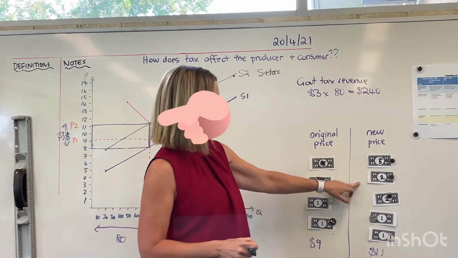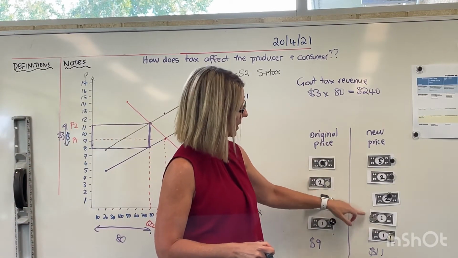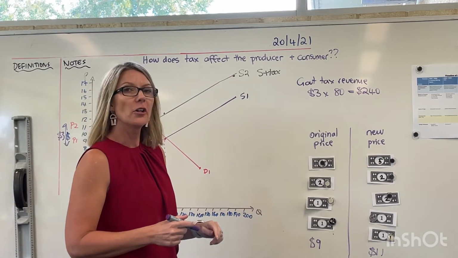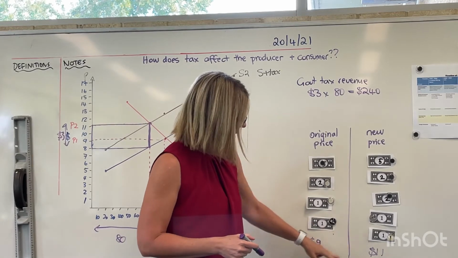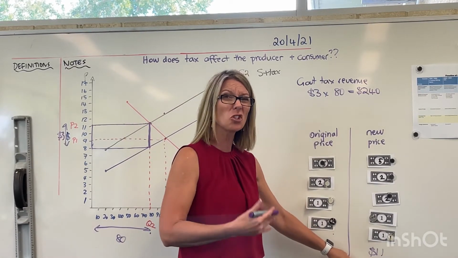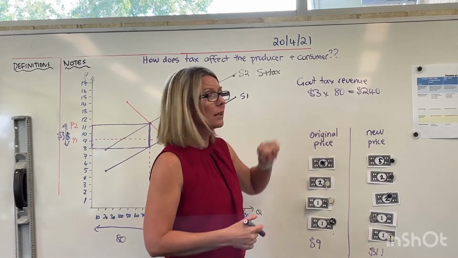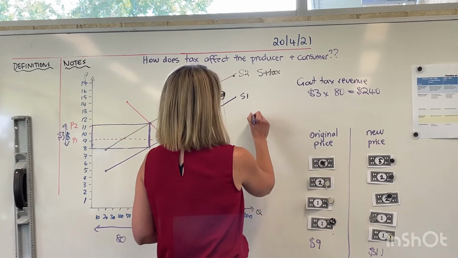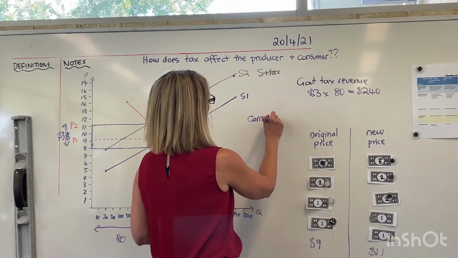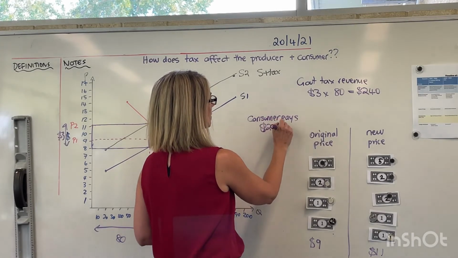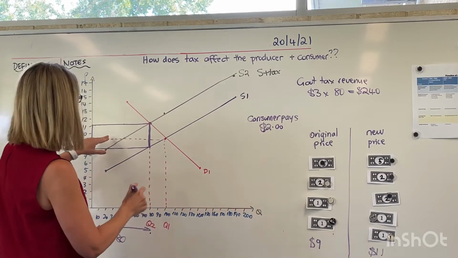So we know the difference there is $2. The consumers were paying 9, now they're paying 11, so it's an extra $2 caused by that $3 tax. So we can say the consumer pays $2, and we can draw that on our graph.